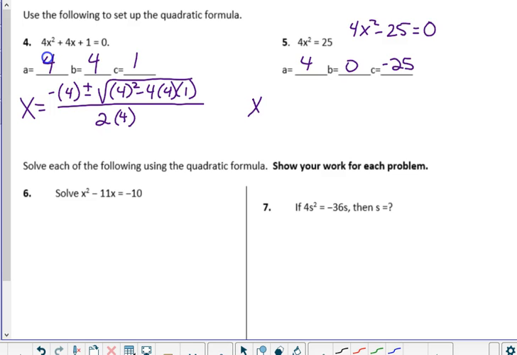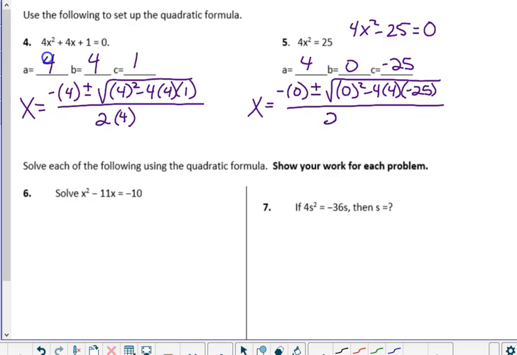And again, we're going to have x equals the opposite of b plus or minus the square root of b squared minus 4ac, all of that over 2a.